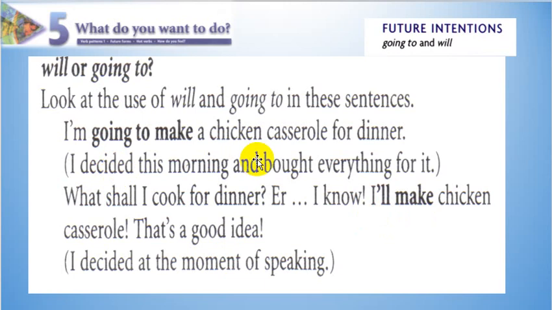Okay, going to للقرارات أو النيات أو الخطط المستقبلية اللي وضعتها قبل لحظة الحديث, بينما will يستخدم للقرارات المستقبلية التي اتخذت بعد معرفة معلومة أو في لحظة الكلام. أوكي, كما كان مثال it's Jane's birthday. Is it? I'll buy her some flowers.